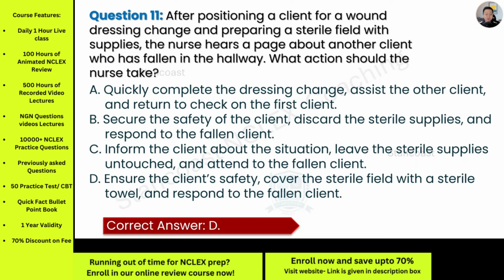So your strategy here should be to eliminate those choices that either compromise client safety or violate sterile technique, and take note that you have to prioritize the immediate response to emergencies while maintaining the integrity of the sterile field.